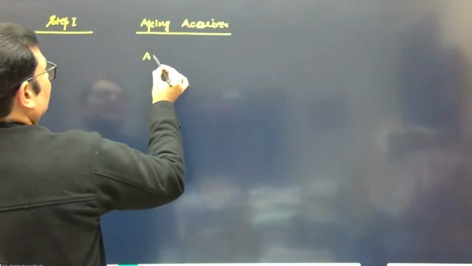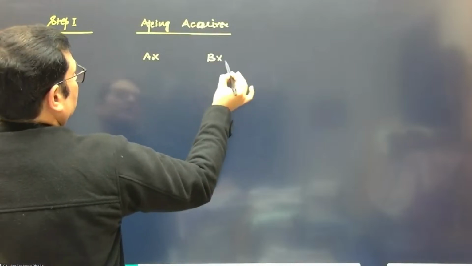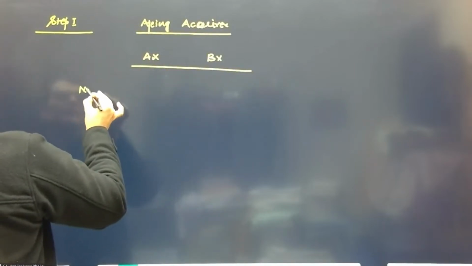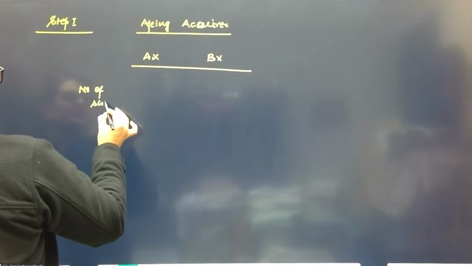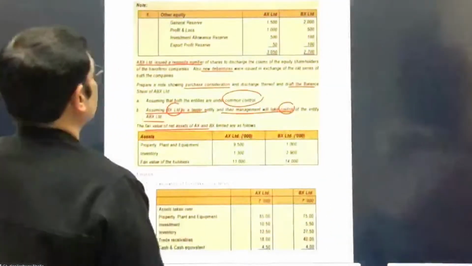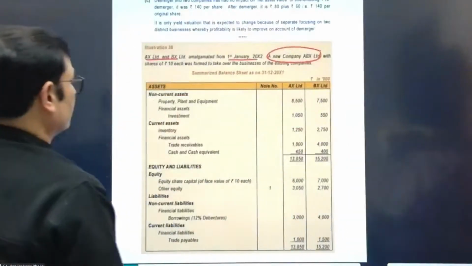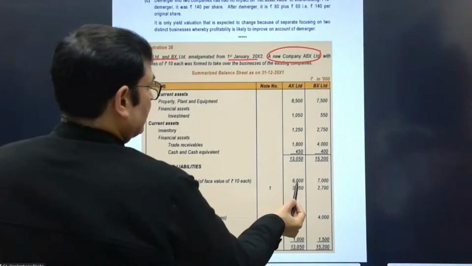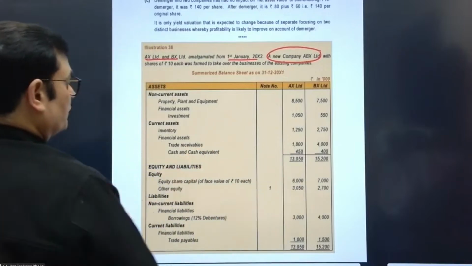So we've got two companies, AX and BX. Let's first of all organize the number of shares in the balance sheet of the company. So let's go back and see the number of shares in the balance sheet. We are given a total of 600 shares of 10 each and 700 shares of 10 each.